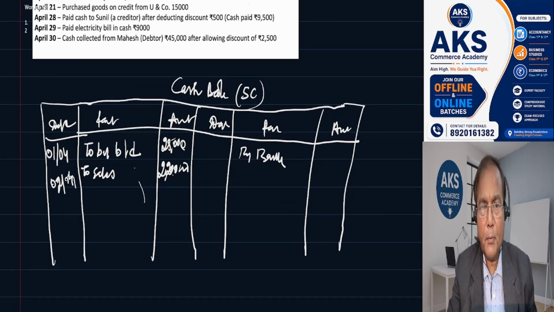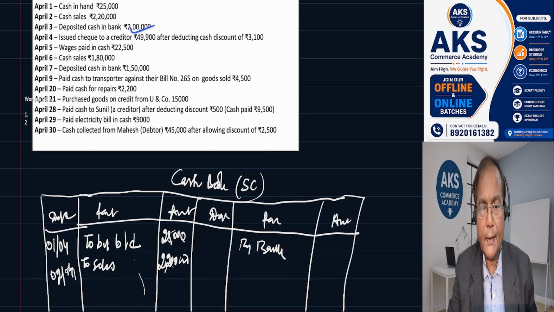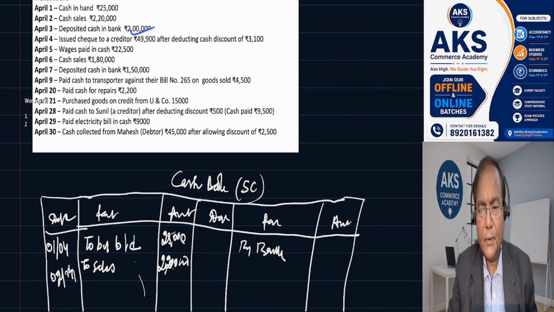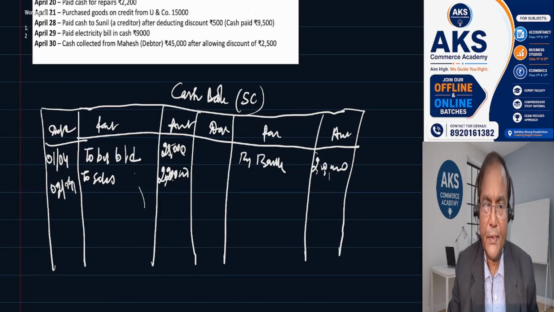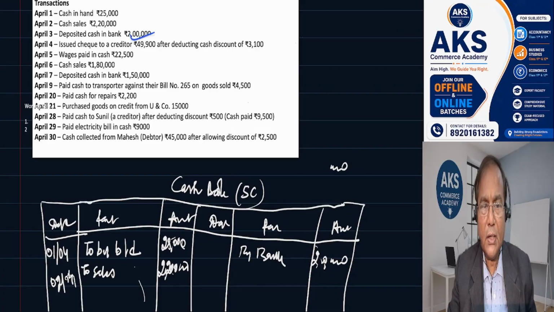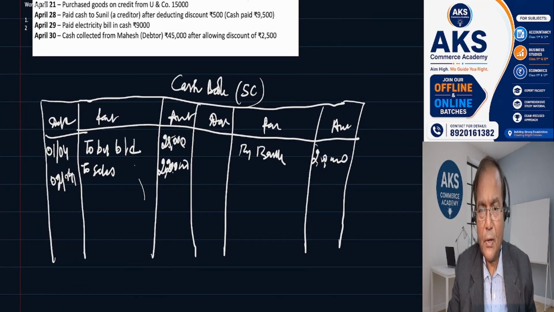How much is the deposit? 2 lakh. And cash sales was this, so 2 lakh rupees out of this was deposited. Okay. So this was done on what date? 3rd April. So we'll write here 3rd April.